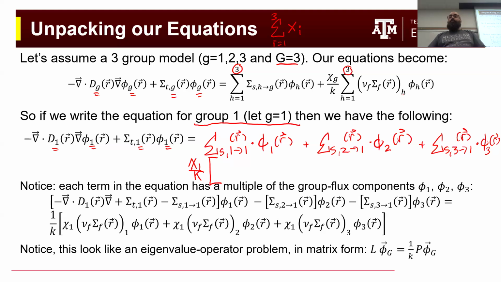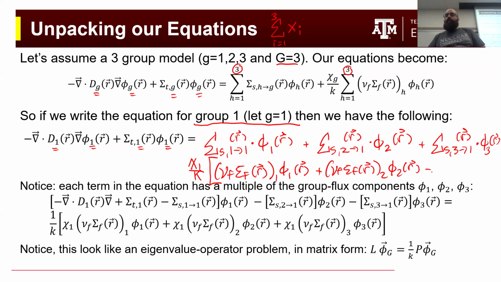When h is 1, I'm going to have nu f sigma f as a function of r for group 1 times the flux of neutrons in group 1. Then plus that nu f sigma f, which could depend on r, for group 2 times the flux of neutrons in group 2, which could depend on r. And then nu f sigma f, which can depend on r, for group 3 times the flux of neutrons for group 3.